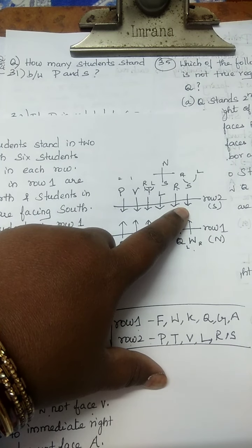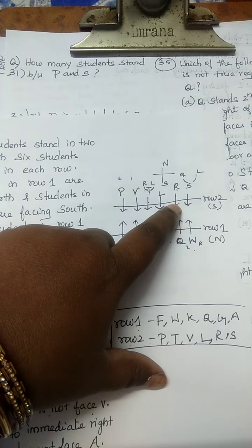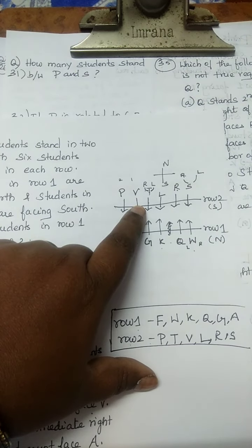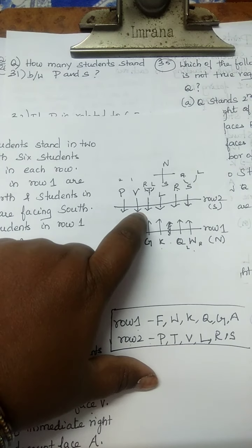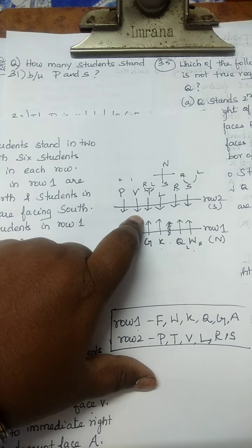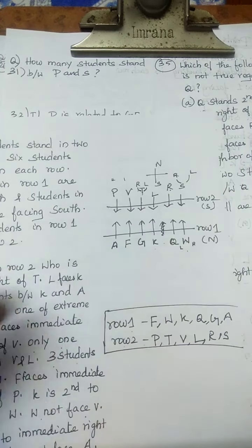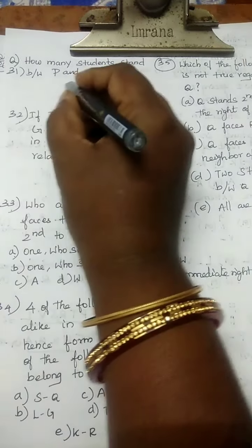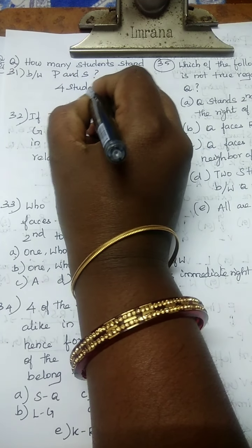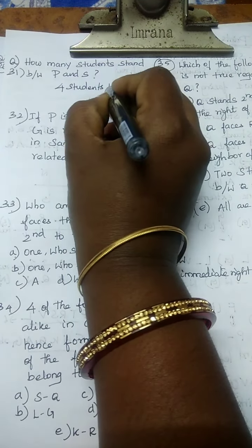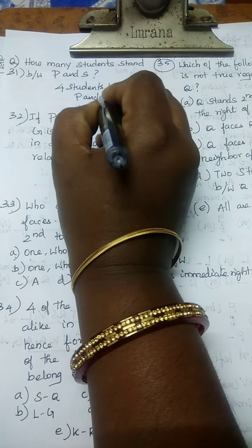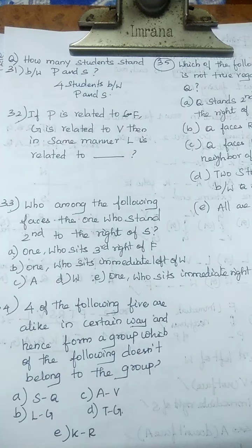How many students between P and S? 1, 2, 3, 4. Therefore, 4 students. That means V, T, L, R are the 4 students. Therefore, the answer is 4 students between P and S. Okay.